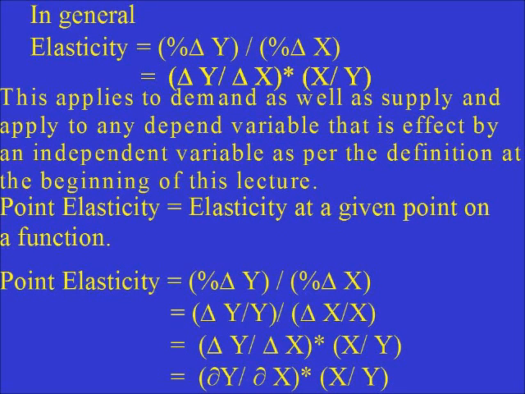And then finally, I can take those big deltas, those big changes, and make them minuscule, holding everything else constant. Or in other words, I can write them as partial derivatives, so the partial of y over the partial of x multiplied by the quantity of x divided by the quantity of y.